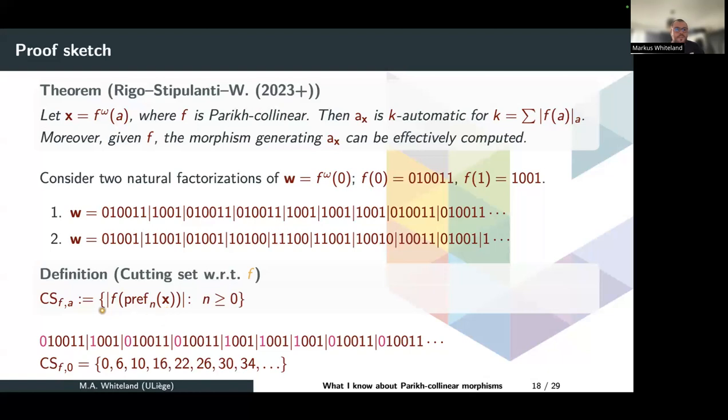And here the cutting set is just the lengths of the prefixes mapped under f. We just take the lengths. So for example, for the factorization in 1, the first few values in the cutting set are 0, 6, 10, 16, 22, and so forth.